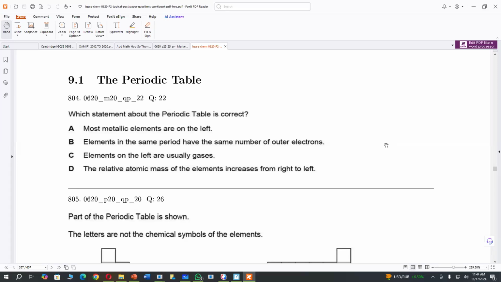Most metallic elements are on the left. It can be A, because normally metals are on the left side.